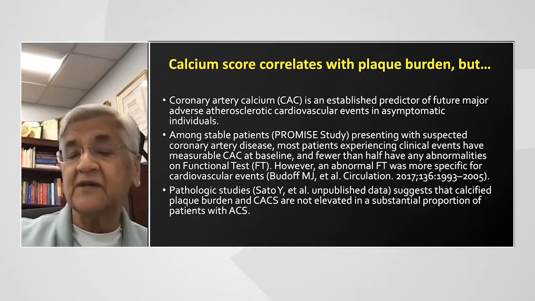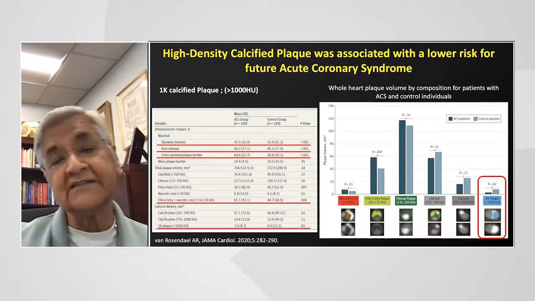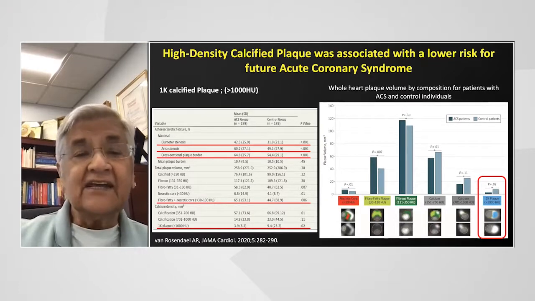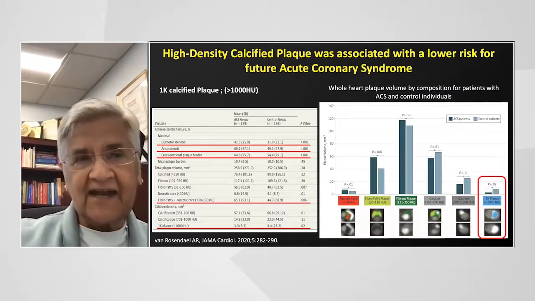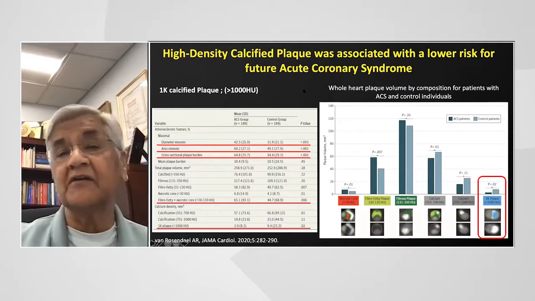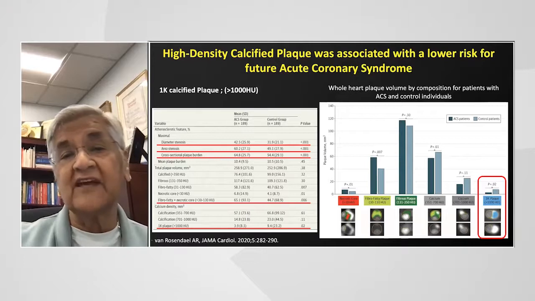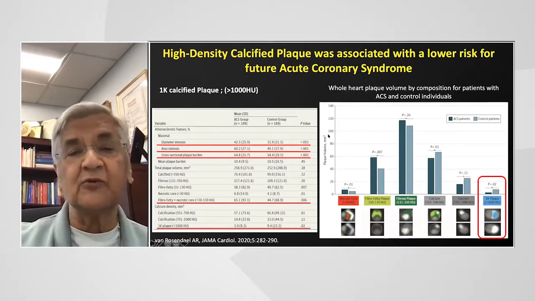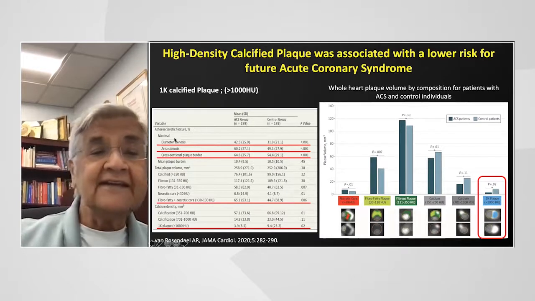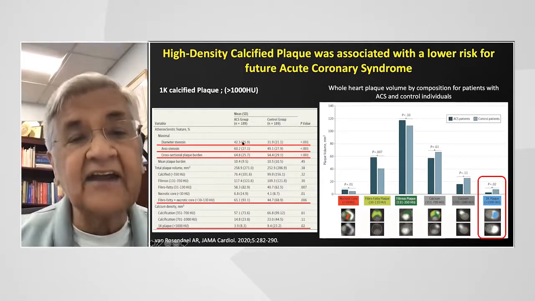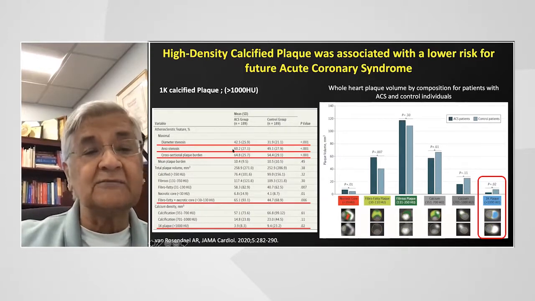of patients with ACS. So I think this study very nicely showed that if you look at high density calcified plaques, they are associated with lower risk of acute coronary events. So the ones that had acute coronary events were compared to control patients who did not, and they were matched for everything. And you can see diameter stenosis was higher in those with acute coronary syndromes.